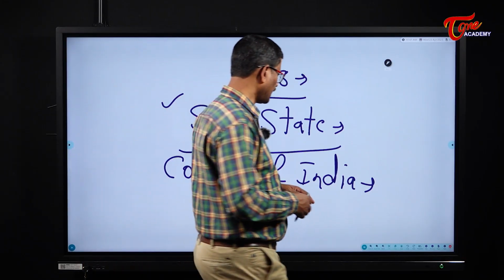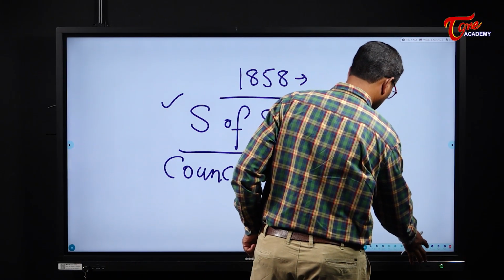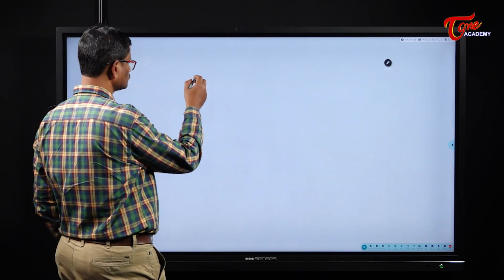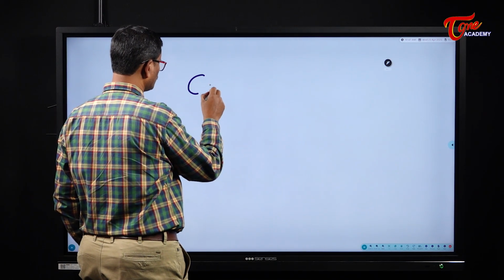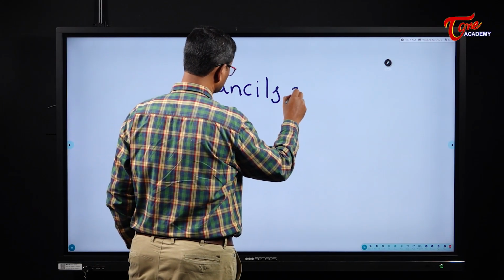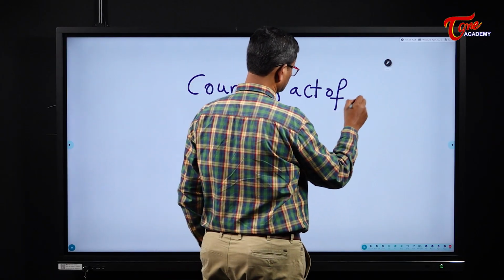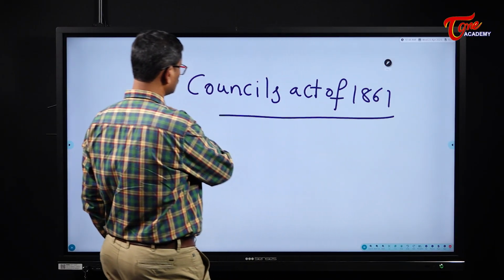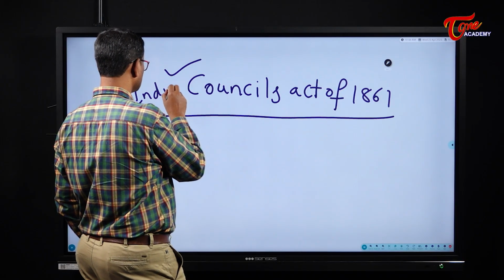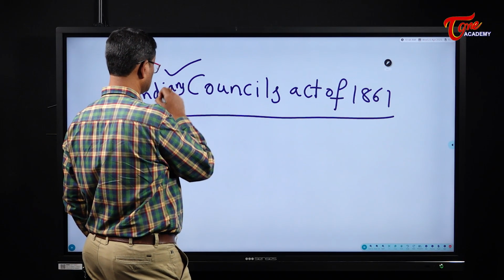Then after the Act for Better Government of India, 1858, the next important legislation was the Indian Councils Act of 1861. This legislation is again important for several reasons.